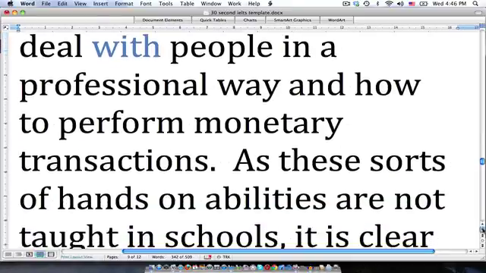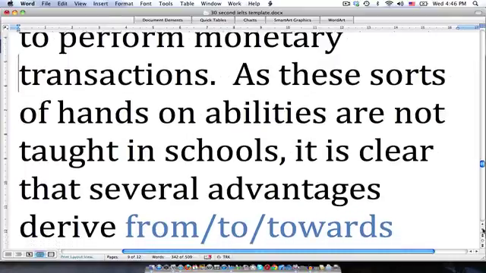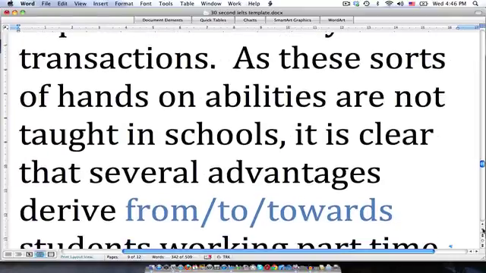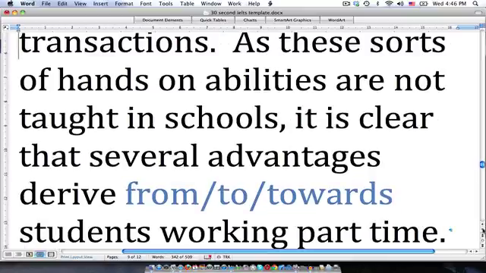As these sorts of hands-on abilities are not taught in schools, it is clear that several advantages derive from, towards, students working part-time. Here we have "derive."